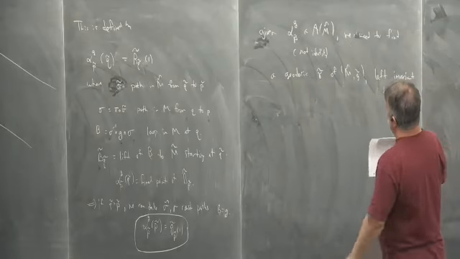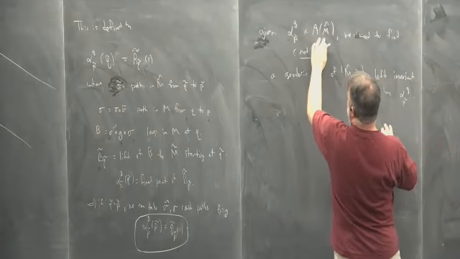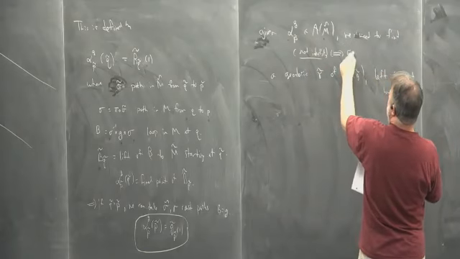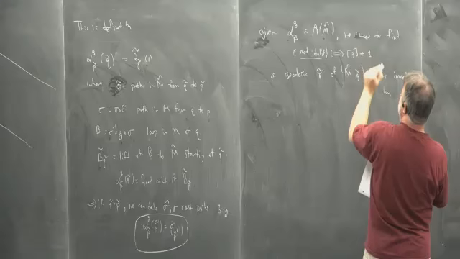Okay, and this being not the identity, that's equivalent to this is not the trivial class.